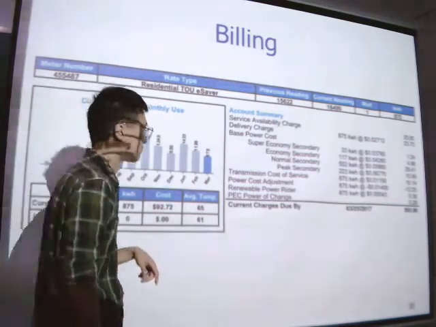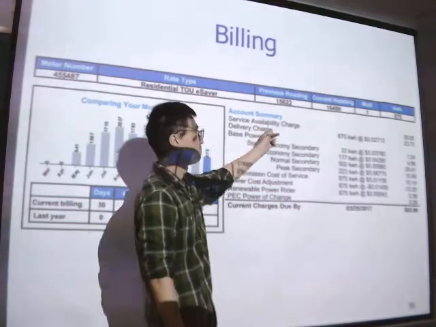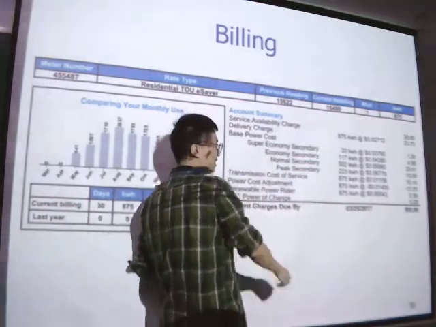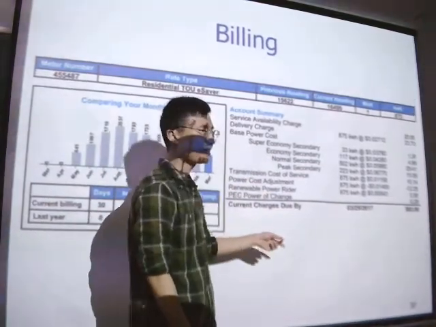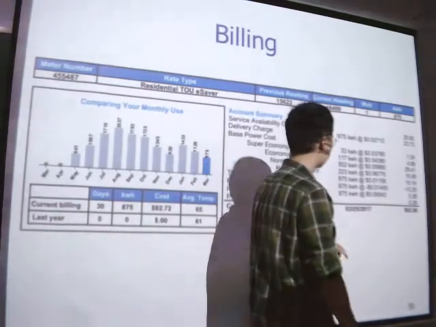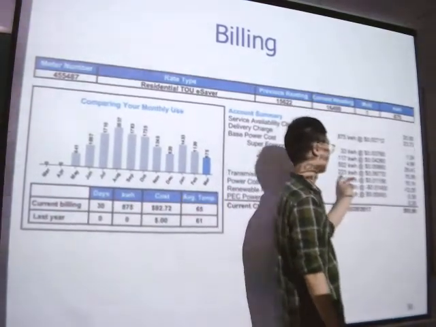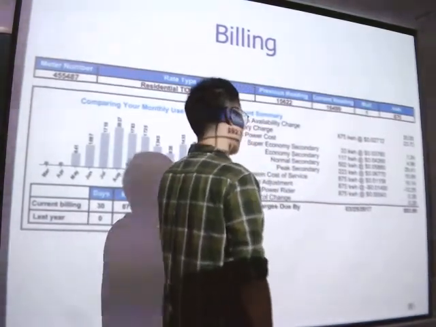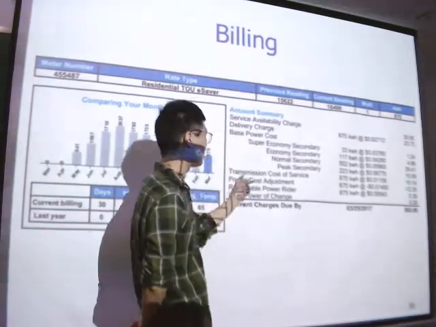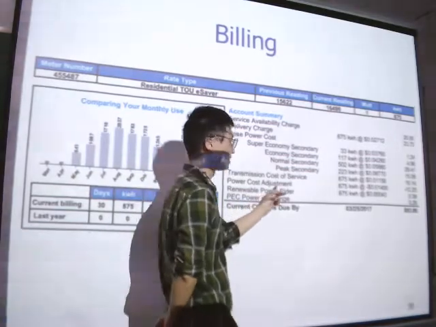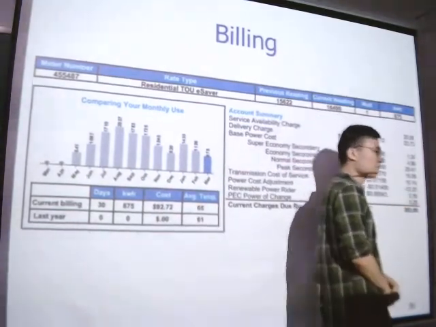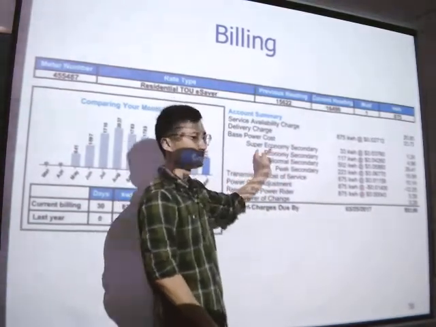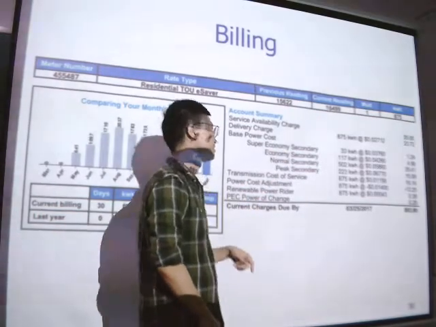But here, let's see everything: the service availability charge, the delivery charge, the base cost charge, okay? The adjustment maybe is a coupon or credit for using the power at very low demand, right?